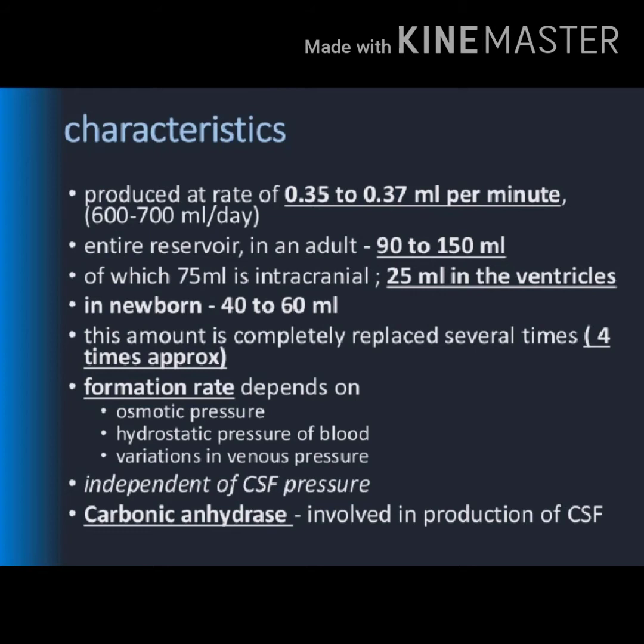In newborn babies, it is 40 to 60 ml, and this amount is completely replaced approximately 4 times. Formation rate depends upon the osmotic pressure and hydrostatic pressure of the blood and variations in the venous pressures. It is independent of CSF pressures.